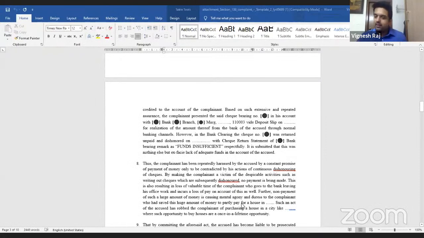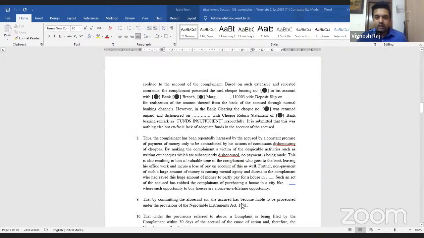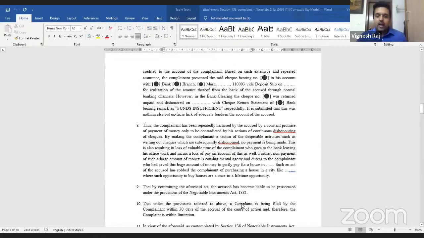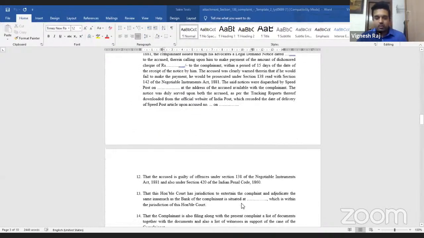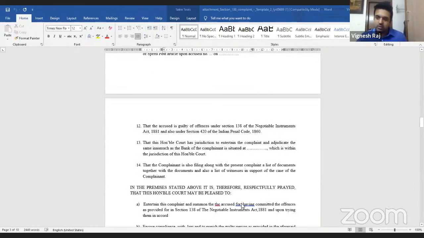And then you will state that not only has he not made payment so far, but he is also not willing to discharge his debt due, which has also been acknowledged by him by issuance of a check dated so and so. And that this is the basis for you to file and prosecute the accused under the provisions of the Negotiable Instruments Act. You will also state the cause of action and how this court has jurisdiction, and the documents that you file along with your complaint.